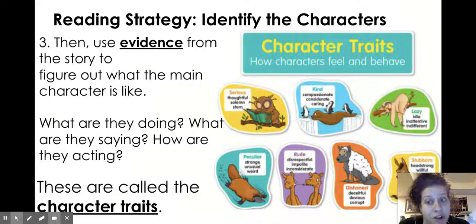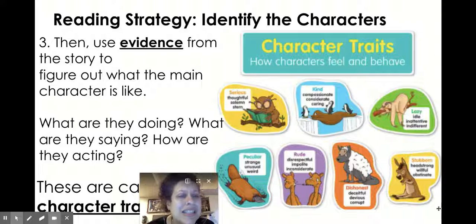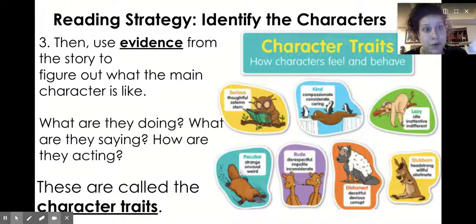These all are called the character traits. So here are some examples of character traits, like serious or kind or lazy or peculiar or rude or dishonest or stubborn. There are lots of other words we can use for character traits, like silly, like curious, like adventurous.